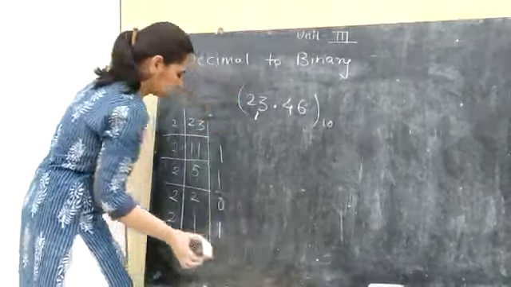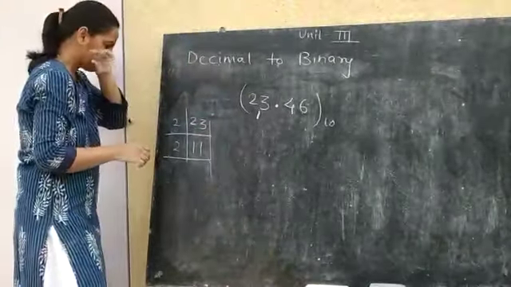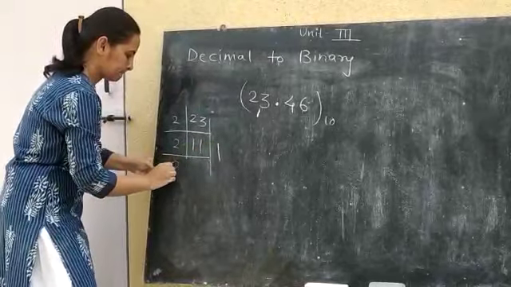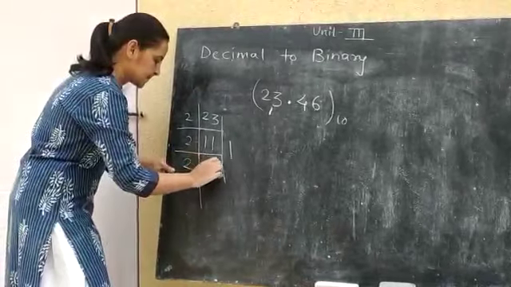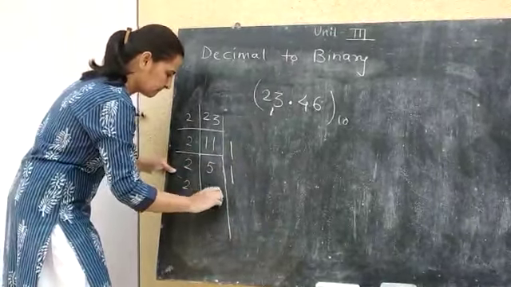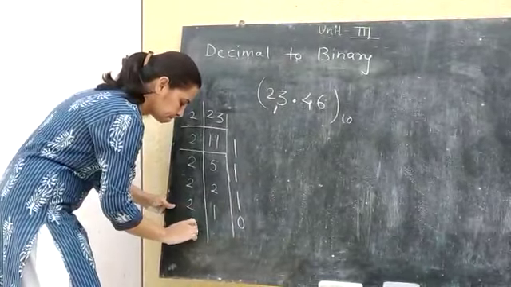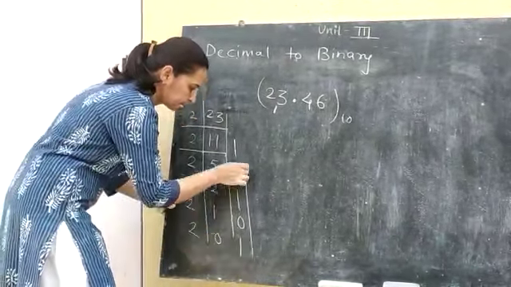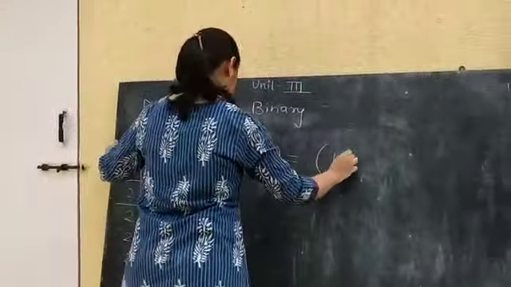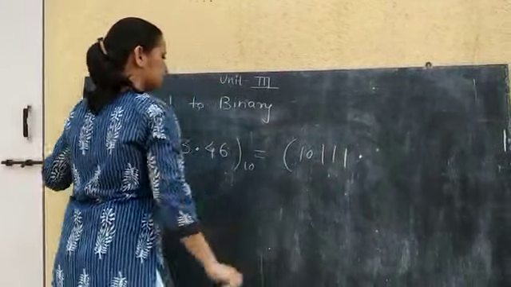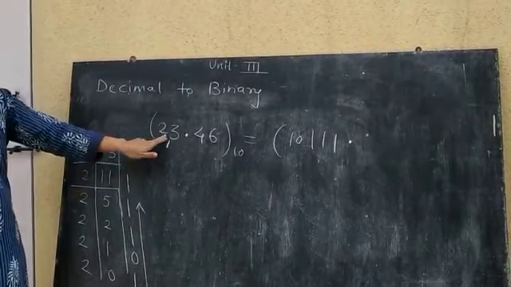Something is wrong here. This is 10111, the conversion of 23.